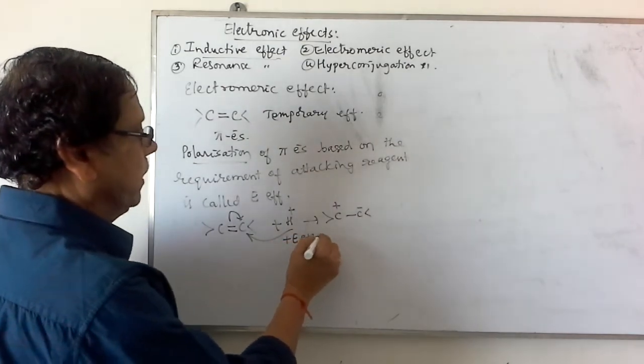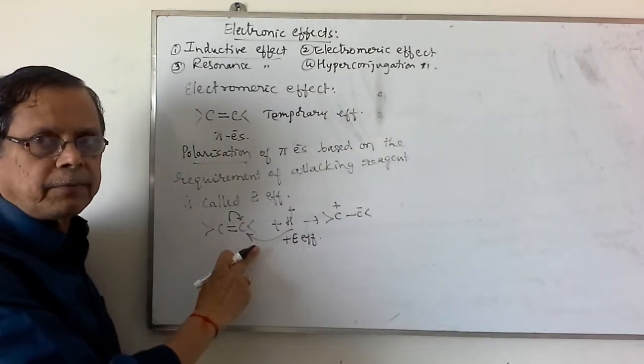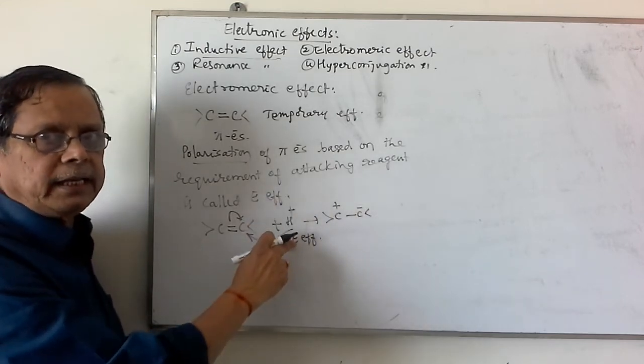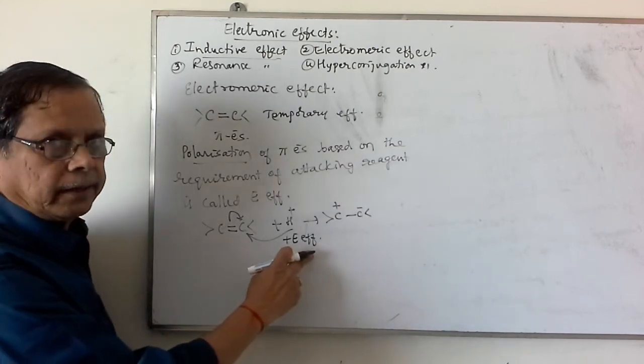This is called the plus E effect. It is when pi electrons shift towards the atom to which the attacking reagent attaches, that is called the plus E effect.